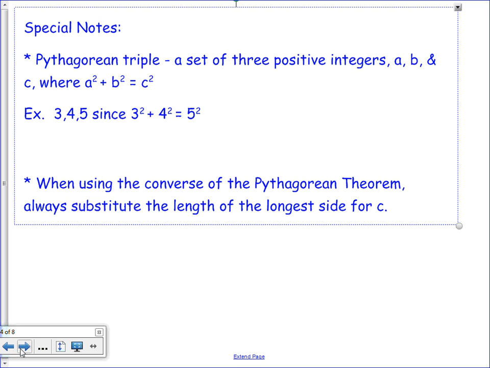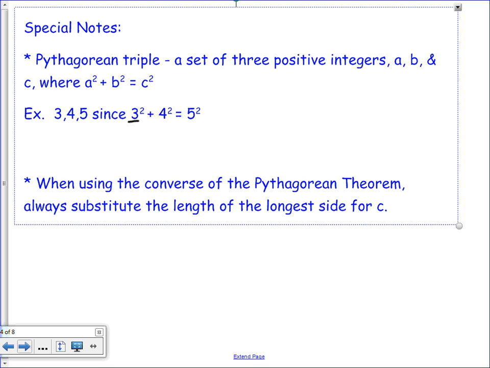These are just a few quick notes that you should definitely keep in mind. A Pythagorean triple is a set of three positive integers, a, b, and c, where a squared plus b squared equals c squared, just like we were working on. An example is 3, 4, 5. Since 3 squared plus 4 squared equals 5 squared, it is a Pythagorean triple.